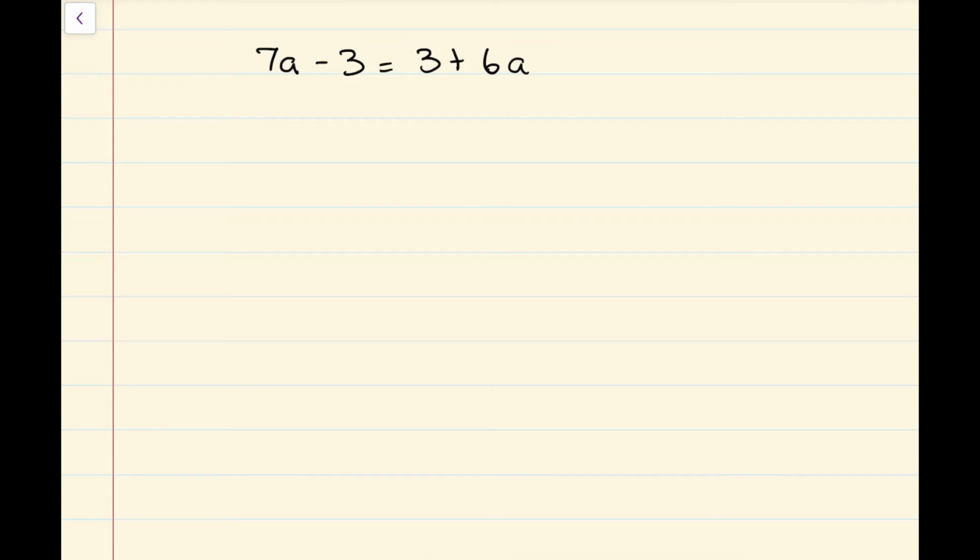Let's just get all the variables on one side and all of the constants on one side. So we have 7a, and we know we want 6a with 7a. And then we also have a constant, which is -3, and then we also have another 3. So we basically just want to get all of these on the same side of the equation. So let's get that started.